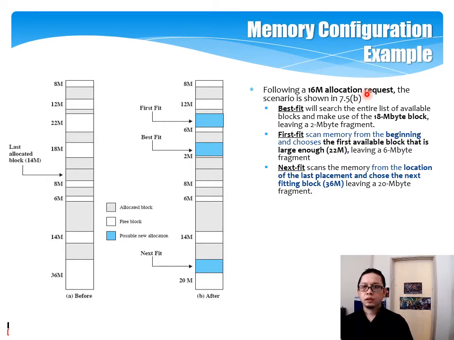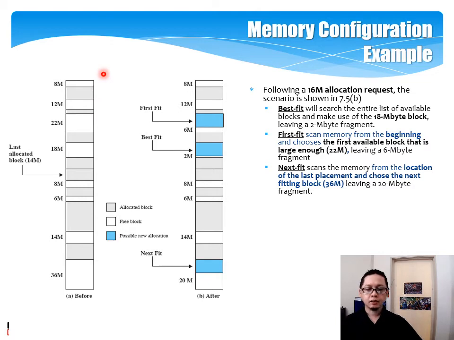Based on different placement algorithms, where will this process go? Which slot will be selected? These are the spaces that are available.